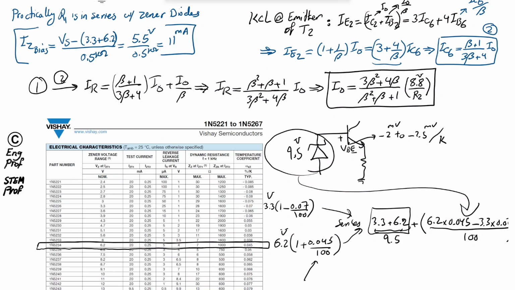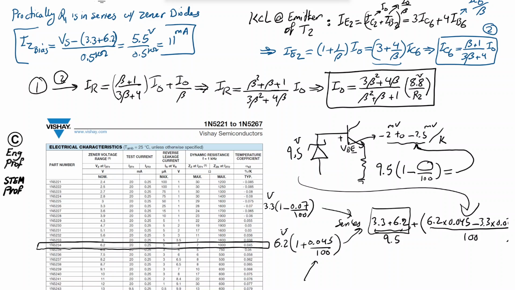So what we want is for this overall Zener diode to have an effective temperature coefficient that matches this result. What is the meaning of that? It means 9.5 times (1 minus some temperature coefficient divided by 100), because it has to be a negative effective temperature coefficient overall, should be equal to a number in this range.